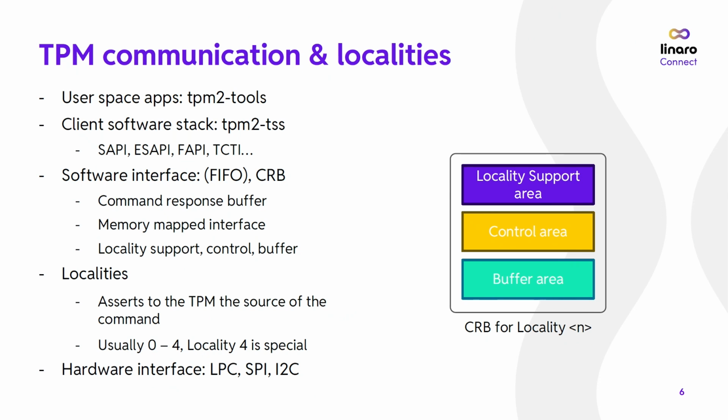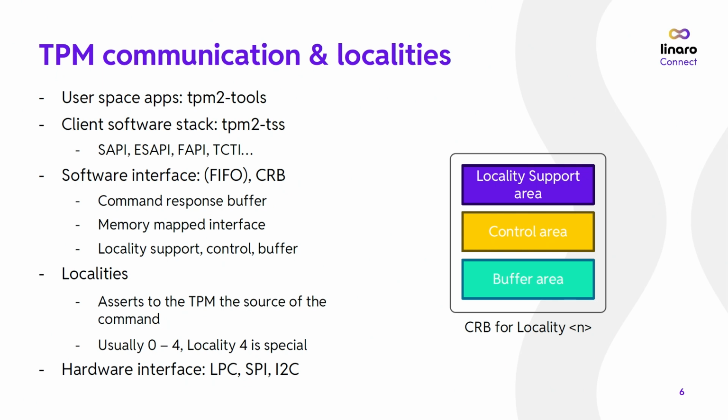There is such a CRB memory region for each locality. So what's a locality? It's a way to represent the source of the command to the TPM. You have multiple software components in your system, and by associating each component with a certain locality, the TPM can know where the command came from.